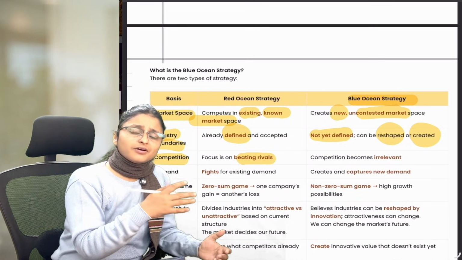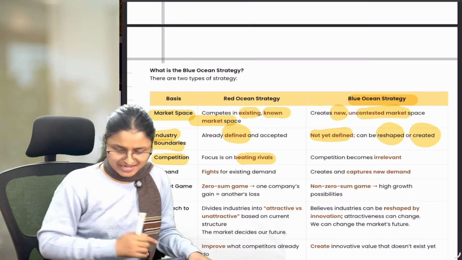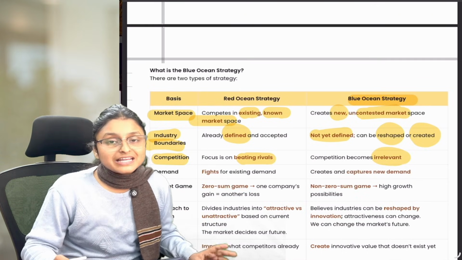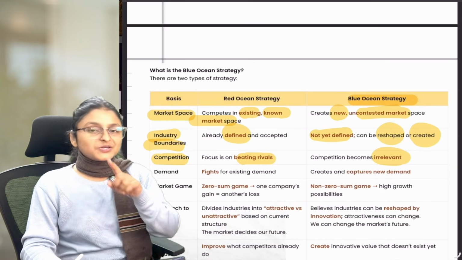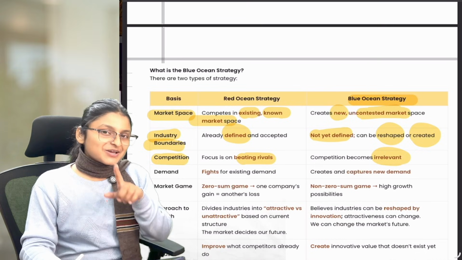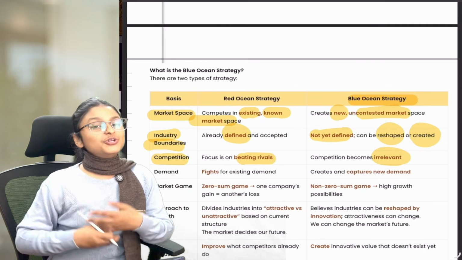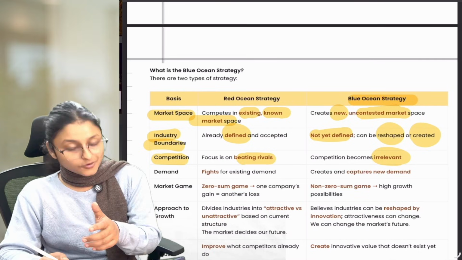That means we are having a war with rivals, and that is why strategy is needed here, right? In Blue Ocean Strategy, competition becomes completely irrelevant. There is no competitor. I am the only one who is working there. So I will need strategy, but strategy is not about competitive advantage. Now I am focusing only on earning superior financial return because there is no competition right now.